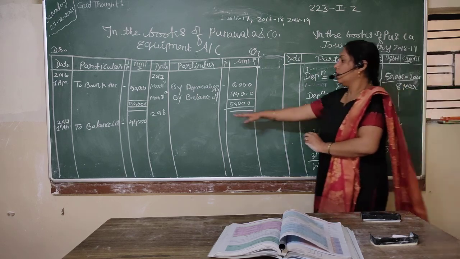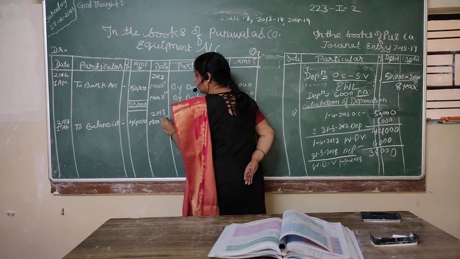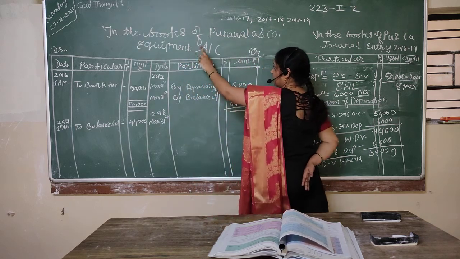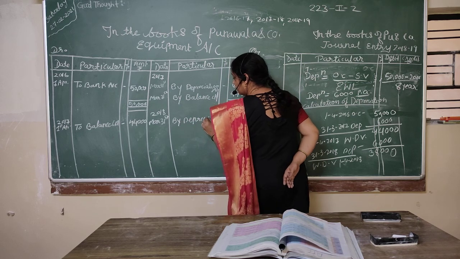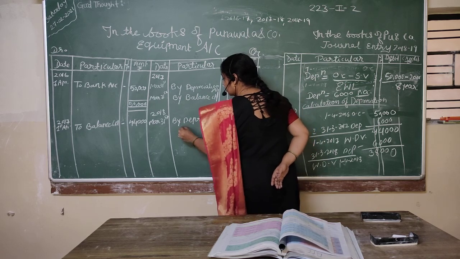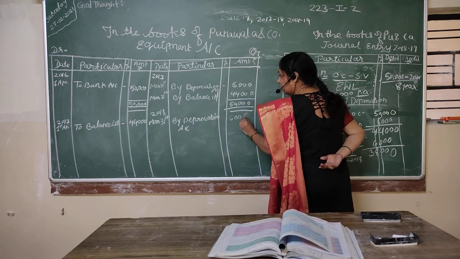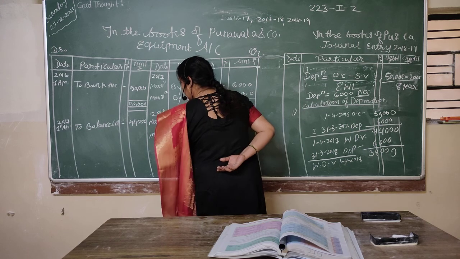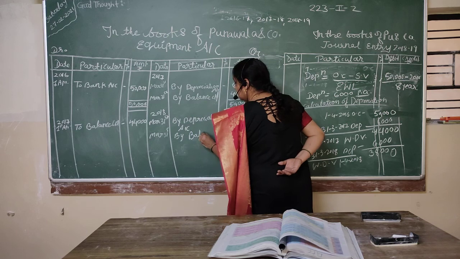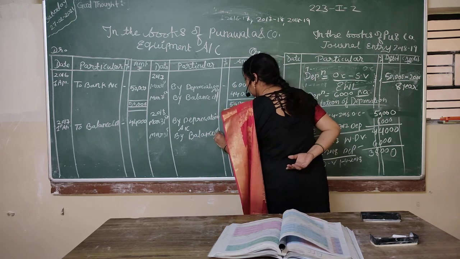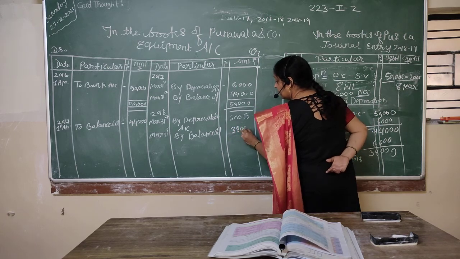Again we will record that depreciation entry in the equipment account. March 31st, by depreciation account, again 6,000, and again we will record the closing balance, by balance carried down, that is 38,000.